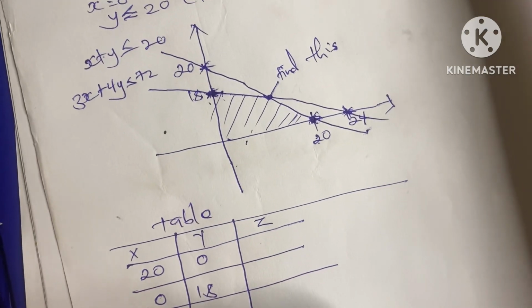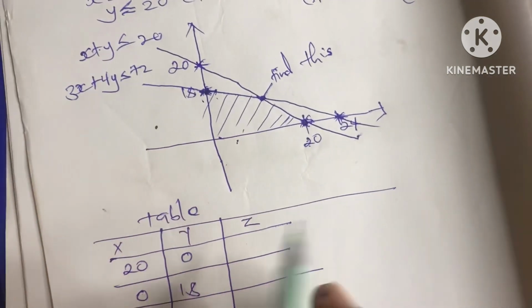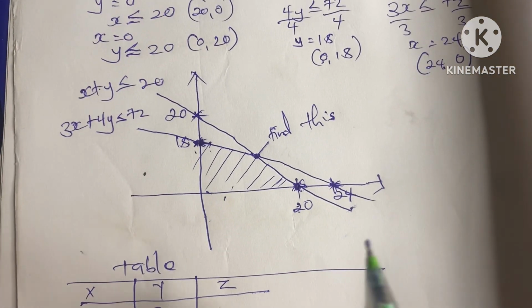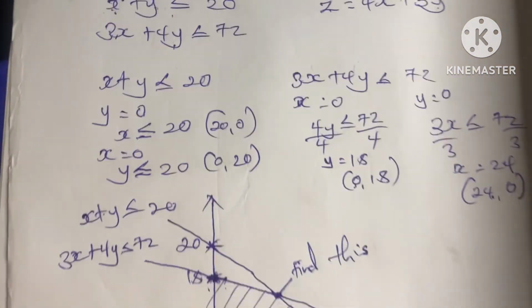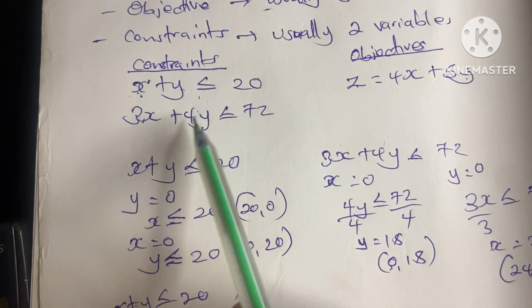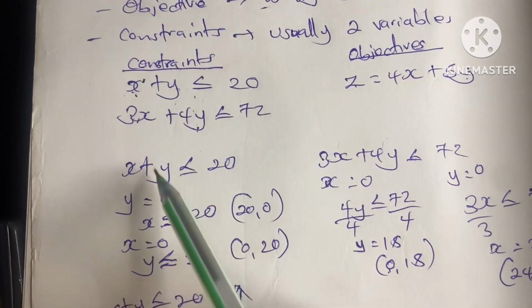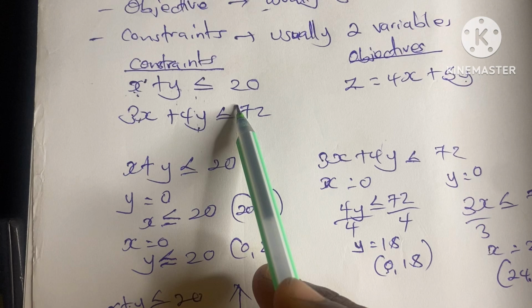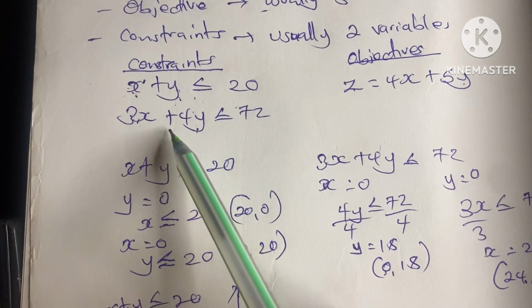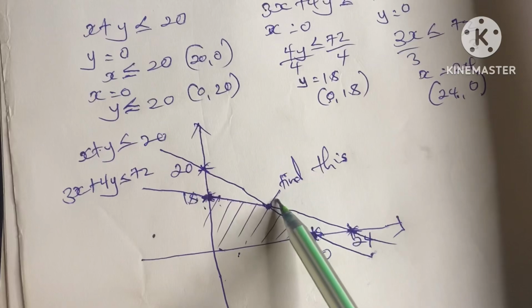Then for this one, we don't know it. So how do we get its value? We are going to use these equations, and we use either the substitution method or the elimination method, so that we can get the value of x and y. It will give us the values for here.